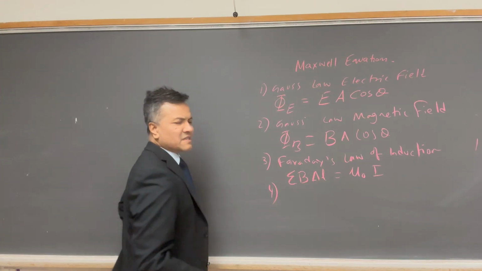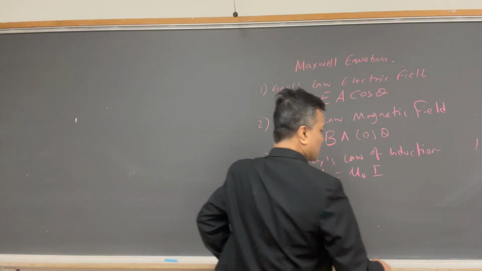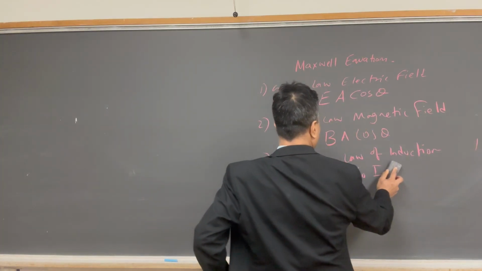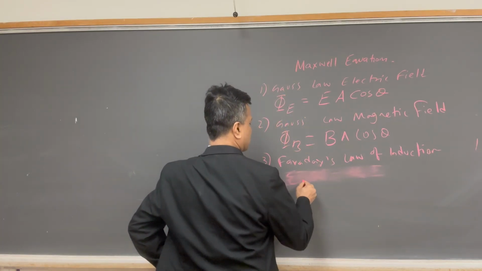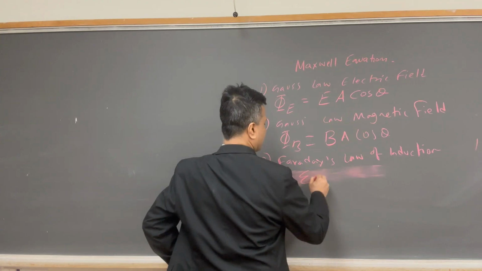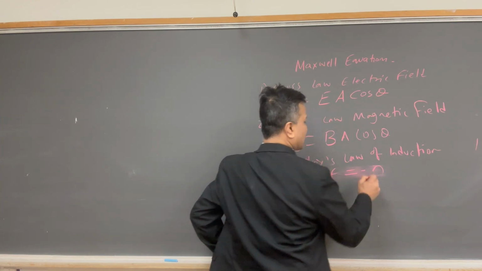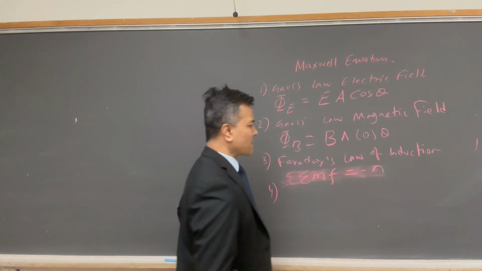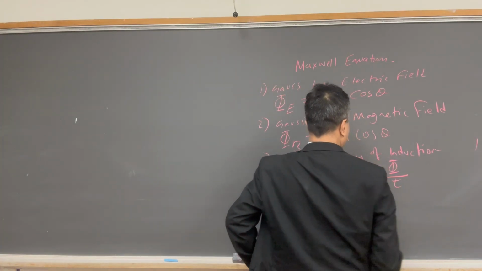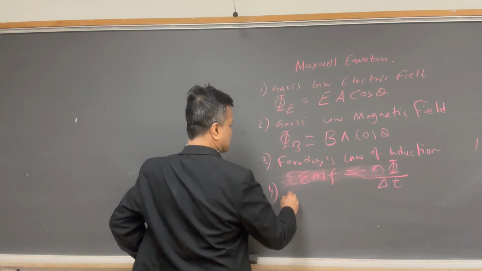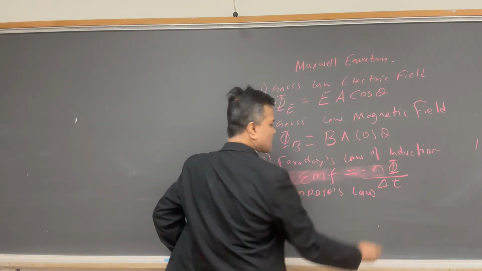And then finally, we're going to write down Ampere's law. Faraday's law of induction is this: EMF is equal to negative n, and negative is the Lenz's law, negative n flux divided by delta T. And number 4 is Ampere's law.